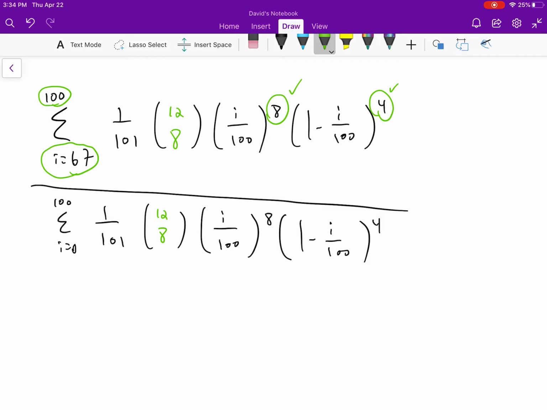The problem asks, what's the probability the success rate is precisely 67%? Not 67% or more, but precisely 67%. So that means you can't go to 68, 69, and so on. If you want to keep your summation structure intact, you can do it, but you have to put a 67 up here.